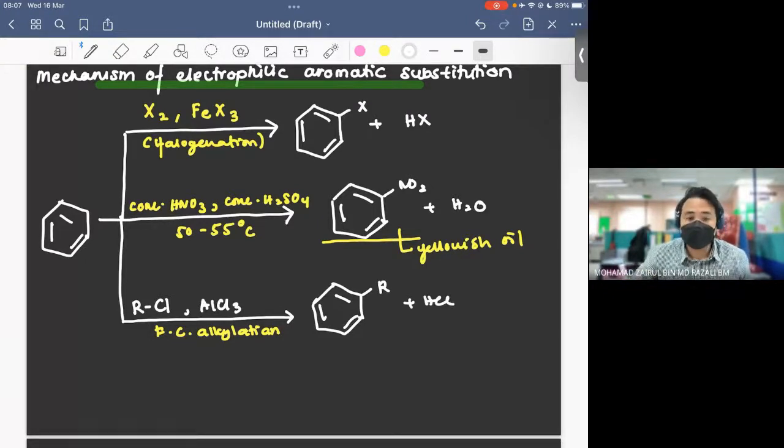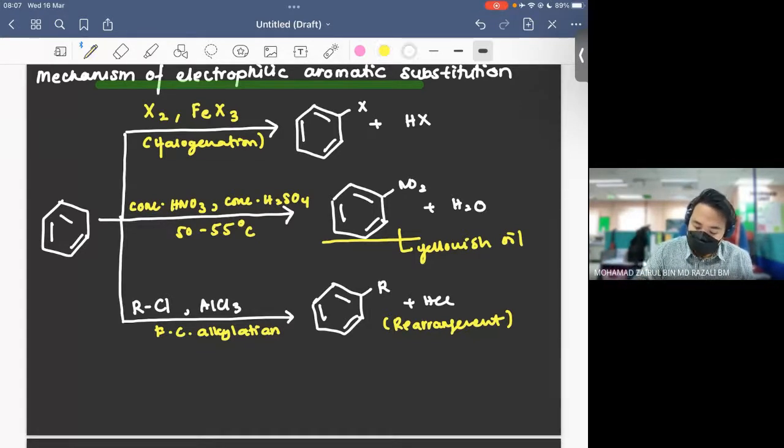Only for the Friedel-Crafts alkylation akan berlaku rearrangement. So please check for the possibility untuk rearrangement. Itu sebab apa dia boleh berlaku rearrangement? Sebab during the Friedel-Crafts alkylation, the intermediate that we are going to form is carbocation. So kita ingat balik, kalau kita hasilkan carbocation as our intermediate, please check for the possibility untuk rearrangement.